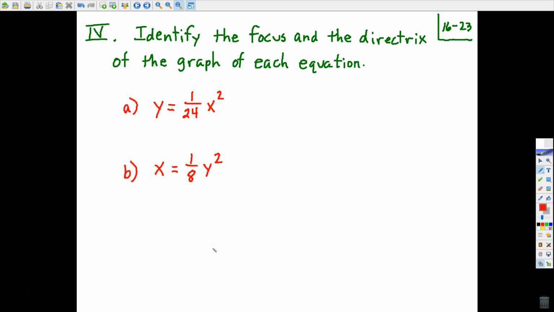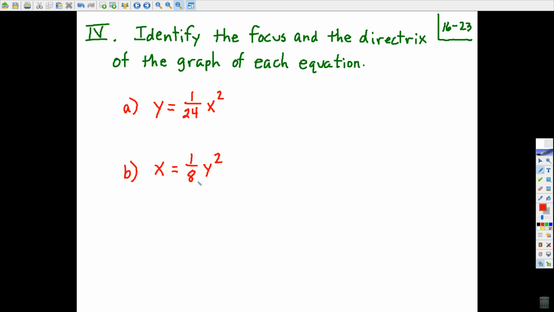Okay, now the problems get a little different. This is 16 to 23. Given a function that represents the graph of a parabola, can you find the focus and the directrix? Okay, well let me give you a tip about functions, quadratic functions. When you do not see any addition or subtraction, like in letters A and B, do you notice that nothing is added or subtracted?